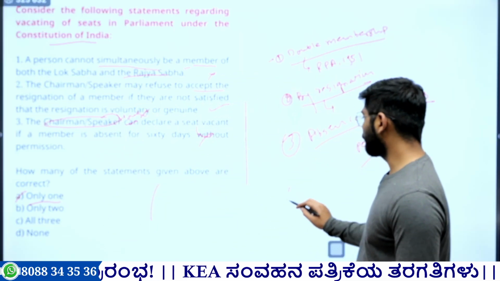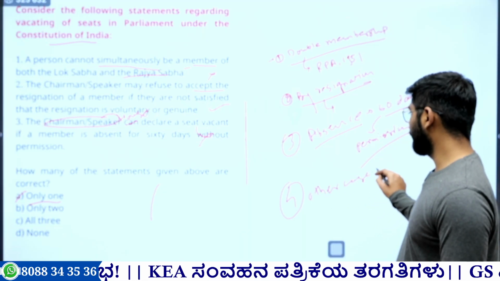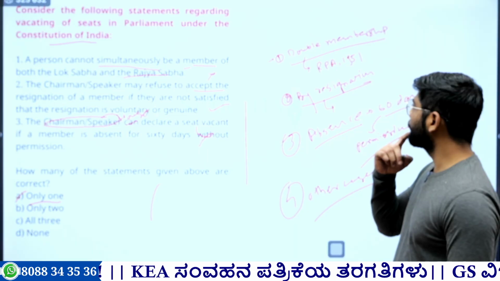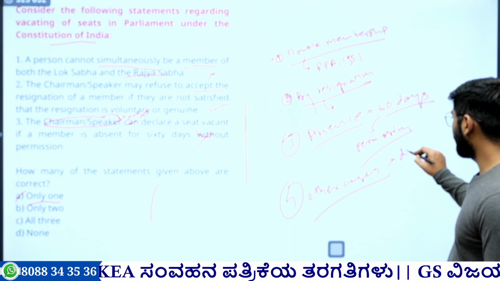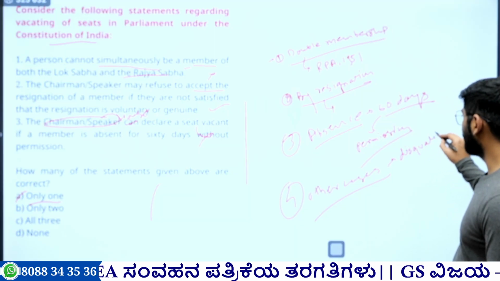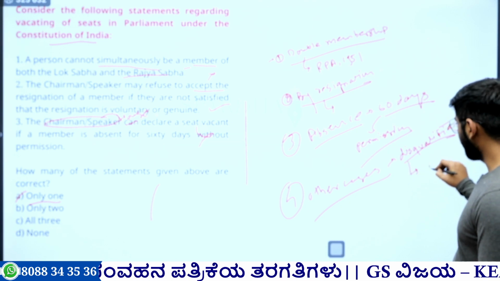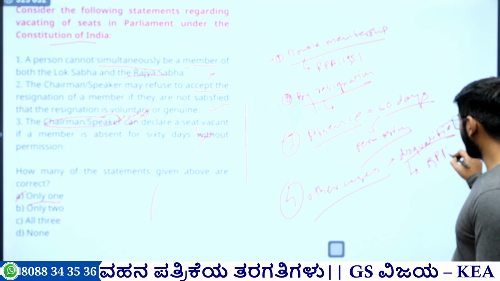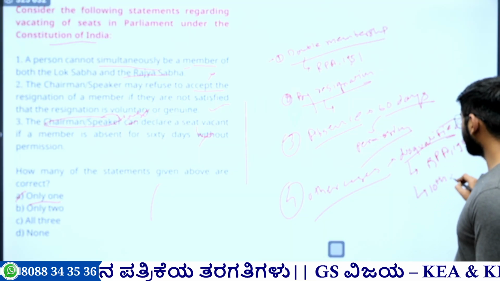Okay, and there are other cases. In other cases, the person becomes disqualified under a different context. From the previous question we have seen, when it comes to disqualification, he might be disqualified under the Representation of People's Act 1951 or under the 10th Schedule.